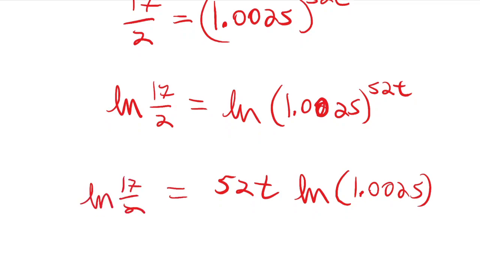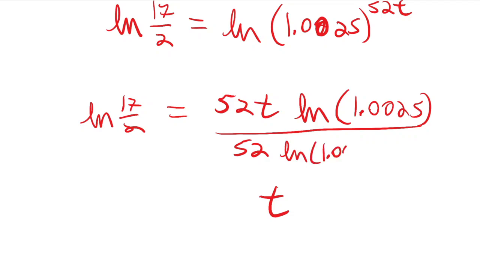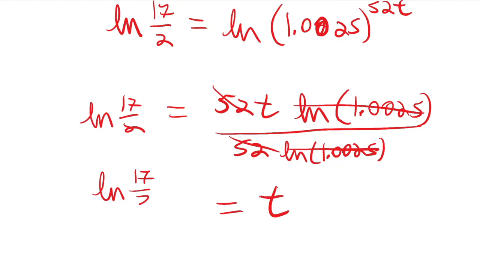And then we finally have t by dividing both sides by 52 natural logs of 1.0025. Those cancel, and so do those. And we get t is equal to the natural log of 17 over 2 divided by 52 natural logs of 1.0025, and we can do that calculation.